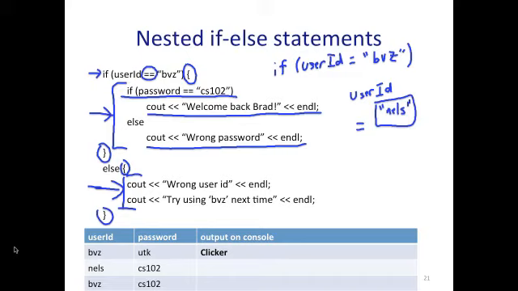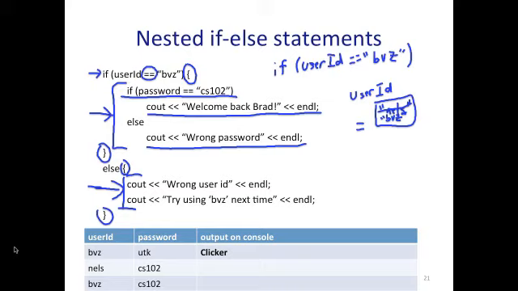What would happen is it would first assign BVZ to user ID and wipe out Nils, replacing it with BVZ. And then it just so happens it would say, well, yes, this is true, and it would go on and check the password. So don't use a single equal sign when you're comparing two quantities for equality. Use the double equal sign.